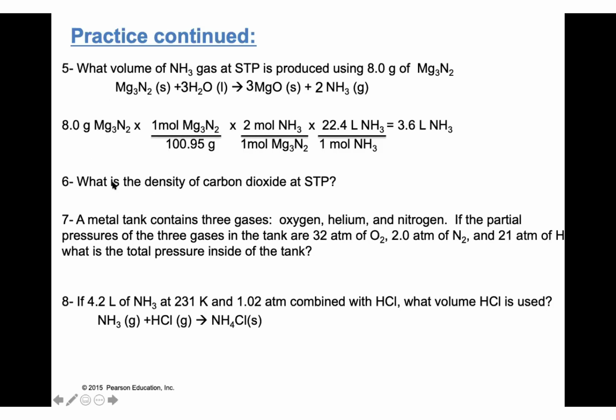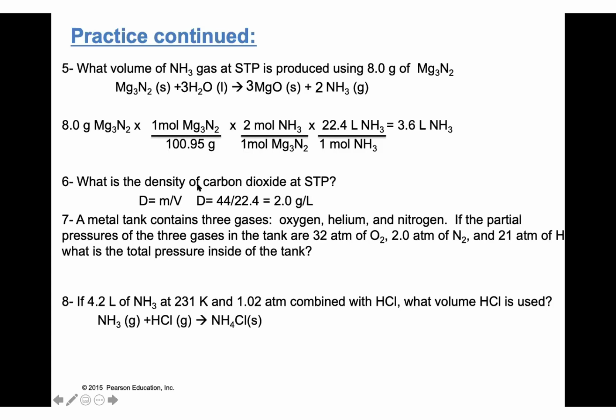So let's go to question 6. What is the density of carbon dioxide? You might ask, okay, they ask for density here, and STP. What is STP? 1 mole equals 22.4 liters of the gas. So I know that D equals M over V, and I know that 1 mole of the gas depends on your gas.